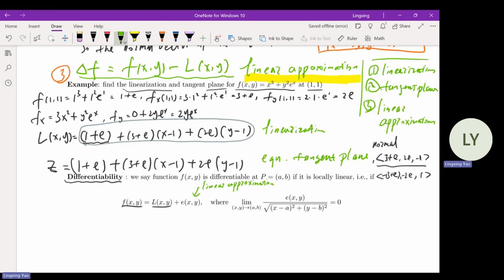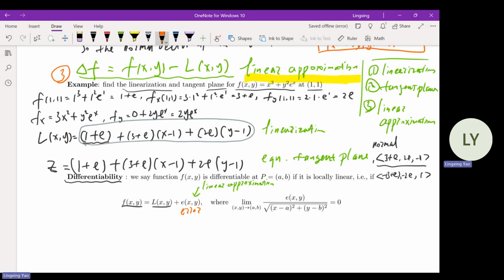Okay, and this difference between f and the linearization could also be treated as the so-called error of the linearization to this original function.